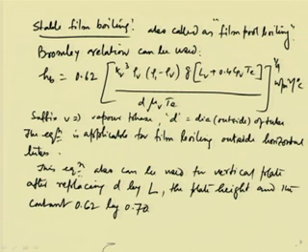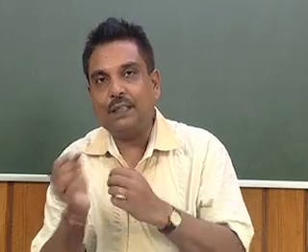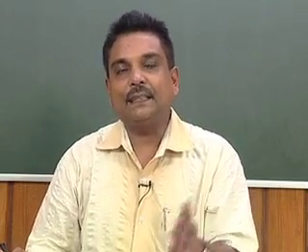Now sometimes this is the film boiling situation. Many times we have already seen that during film boiling, because the temperature is very high, there is a possibility that the radiation contribution is also quite strong.